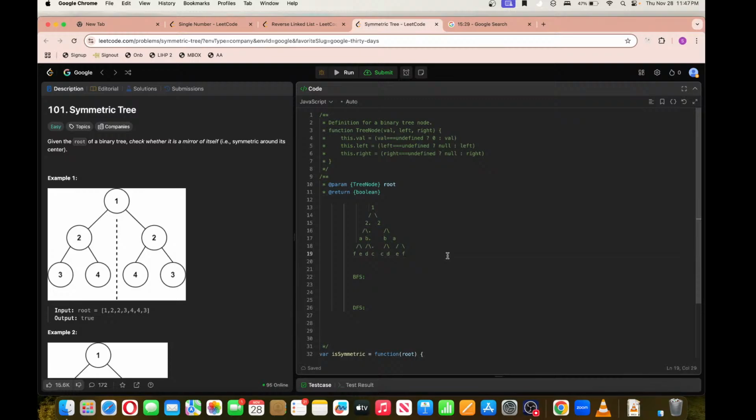But not always. Like if it is something like this, so the same tree, but if it was something like this, 1 2, and suppose B is not here.